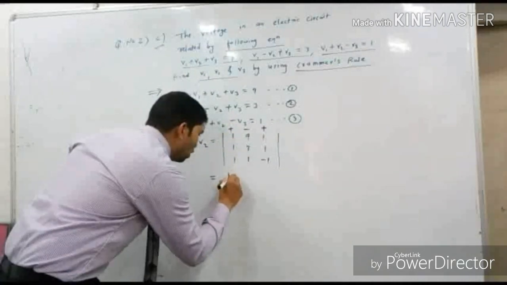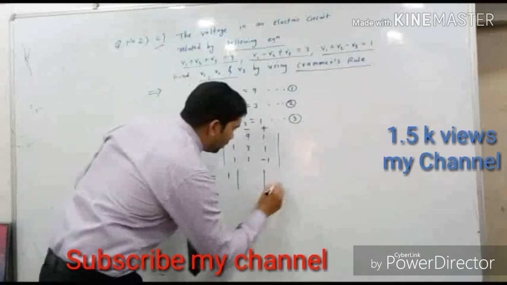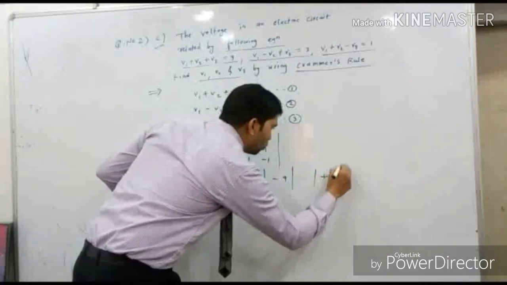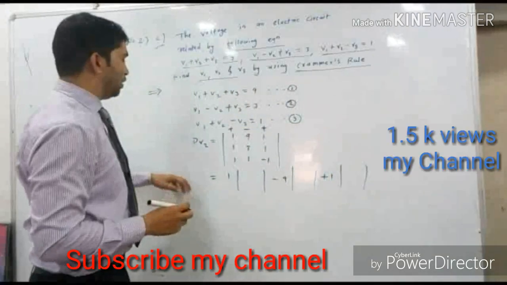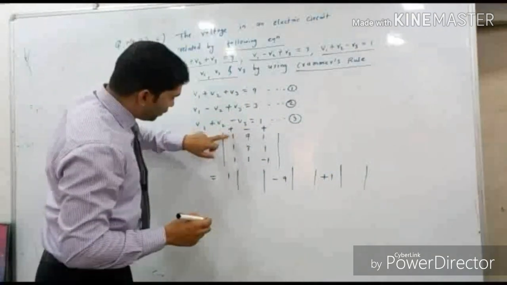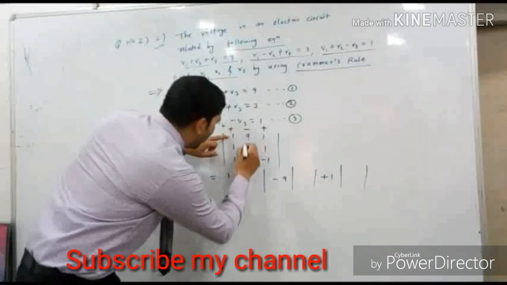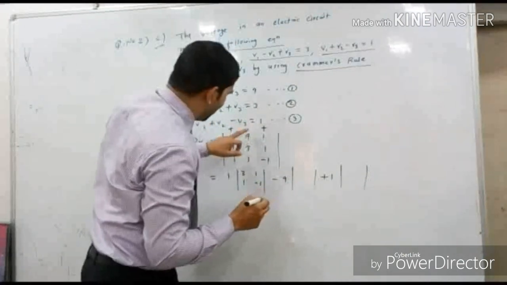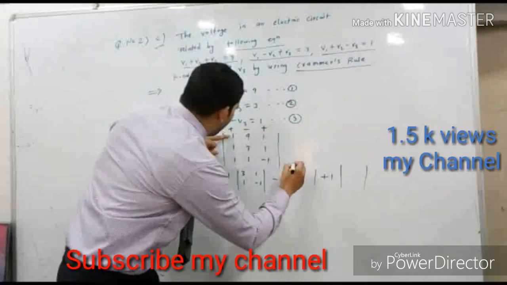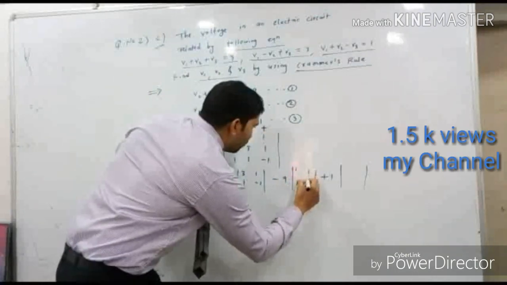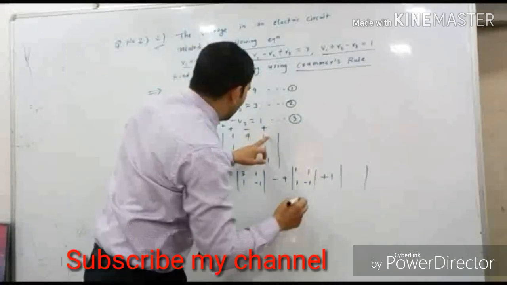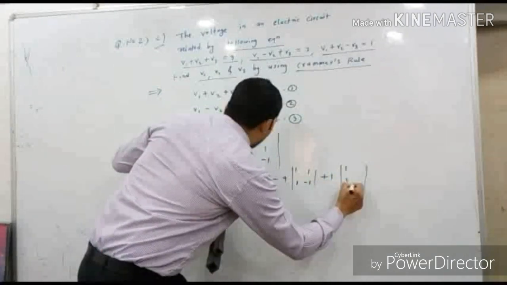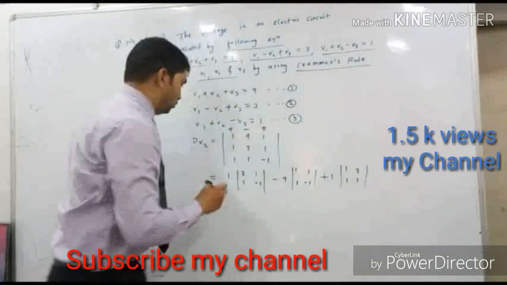So see this, plus 1 as it is, this 2 by 2 determinant, minus 9 as it is, 2 by 2 determinant, and plus 1, 2 by 2 determinant. So take this plus 1, this column and this row get omitted: we have 3, 1, 1, minus 1. Then minus 9, this column and this row get omitted: we have 1, 1, 1, minus 1. And last one, plus 1, this column and this row get omitted: we have 1, 1, 3, 1.